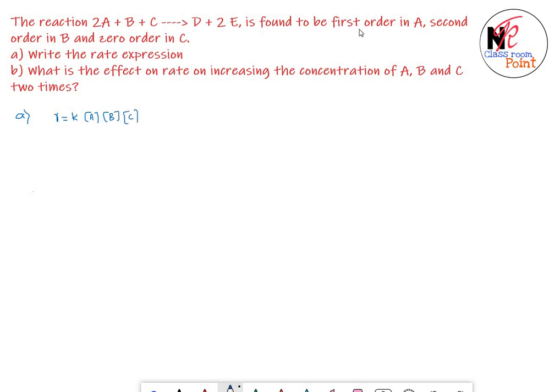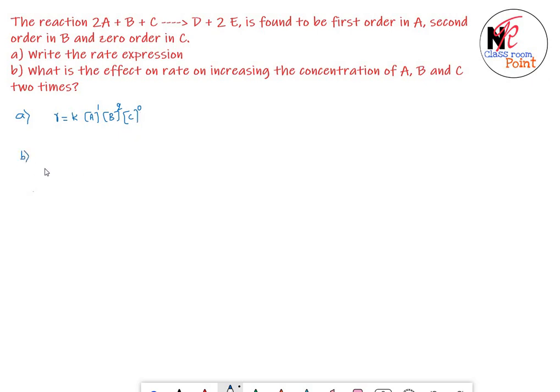But one important thing is, with respect to A, it is first order, so A power 1. With respect to B, it is second order, so here we will get 2. With respect to C, it is zero order, so here we will get 0. This is the rate expression: R equals K into concentration of A power 1, concentration of B power 2, concentration of C power 0.